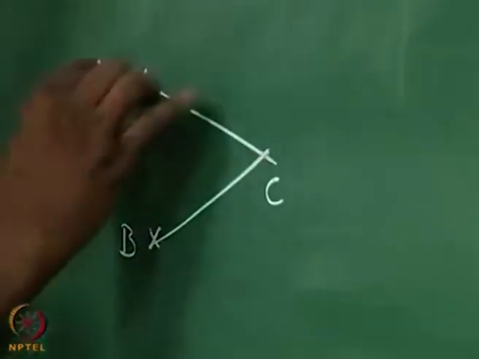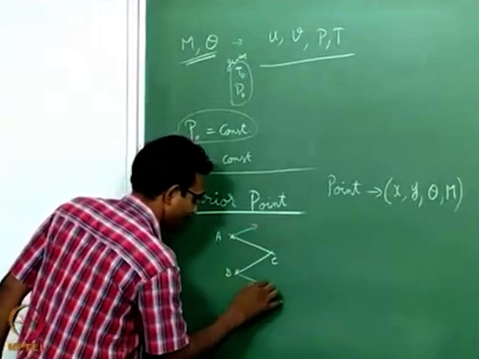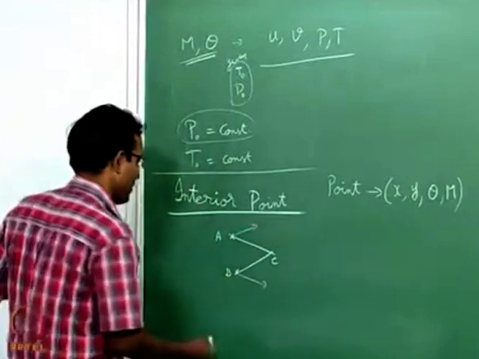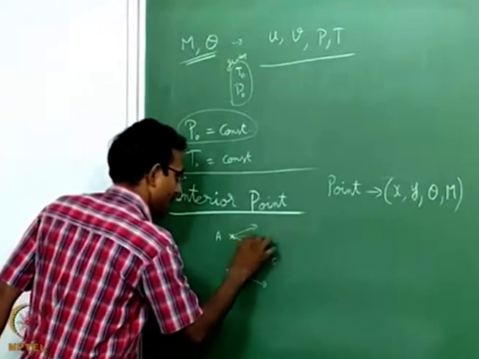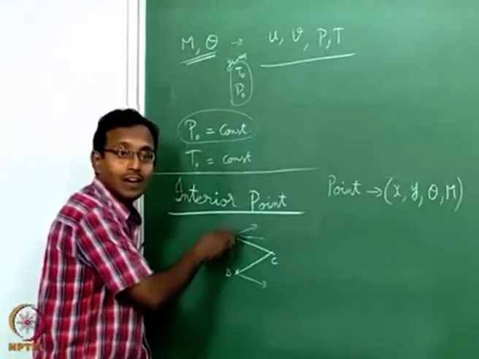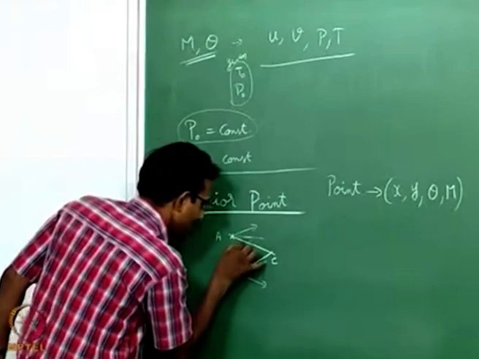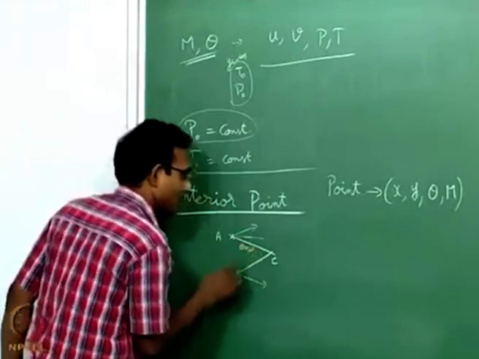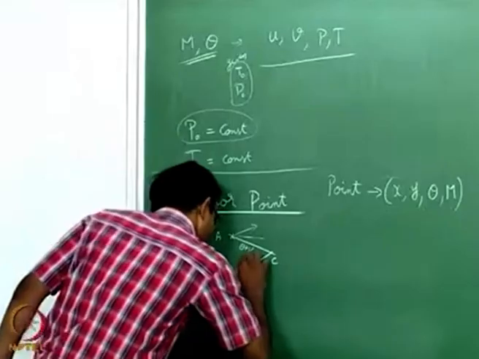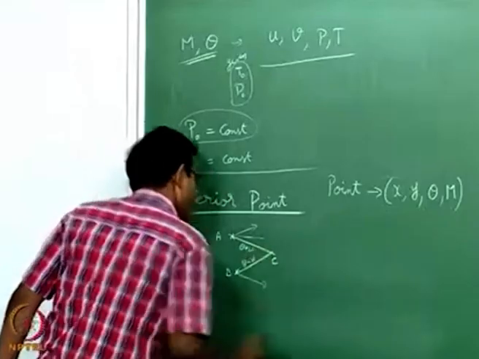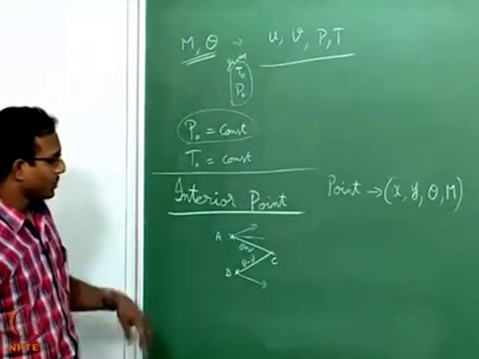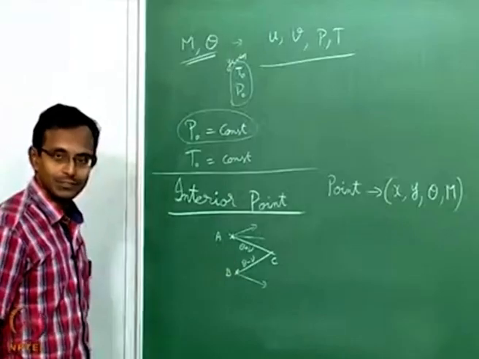So what should I do? Let us say the velocity vector is like this, and like this. I do not know what values it will be, some values arbitrarily. Now I have drawn a right running characteristic, or a negative characteristic, from A, which means I will have theta plus nu constant on this line, and on the other line theta minus nu is constant. A positive characteristic will have theta minus nu constant.